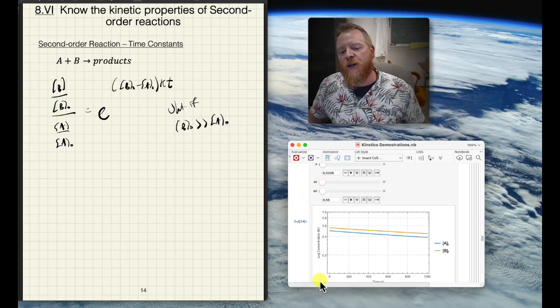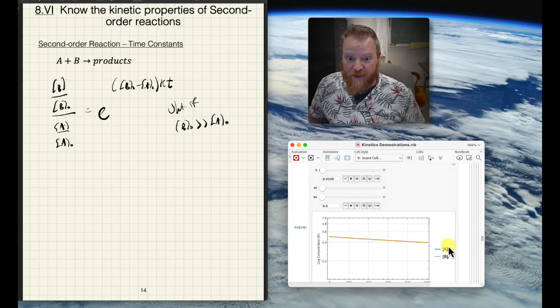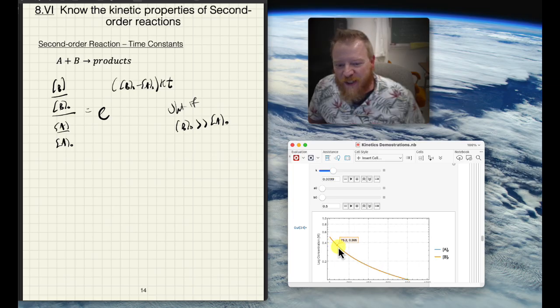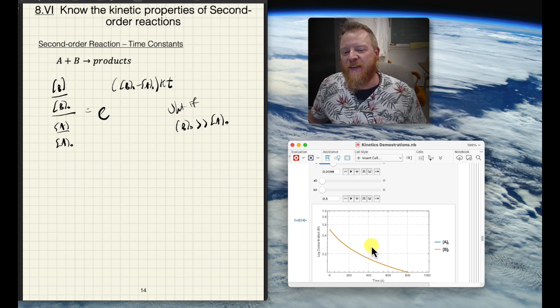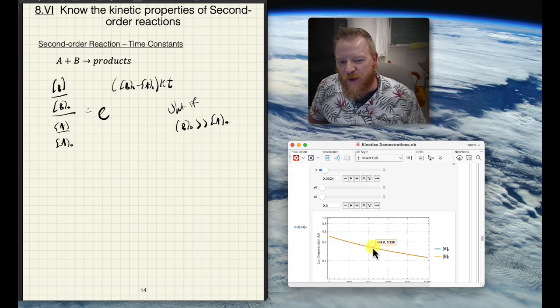So now, if I look at this here, and to flesh this out even further, I want to put this on a logarithmic scale. And I'm going to put this on a logarithmic scale by having both of them equal to the exact same concentration. And now when I increase the rate constant, you can see that it follows a linear line up to a certain point, but then decays from that linear line. And so what that means is it's behaving kind of like a first order over this period where it's giving me this straight line.